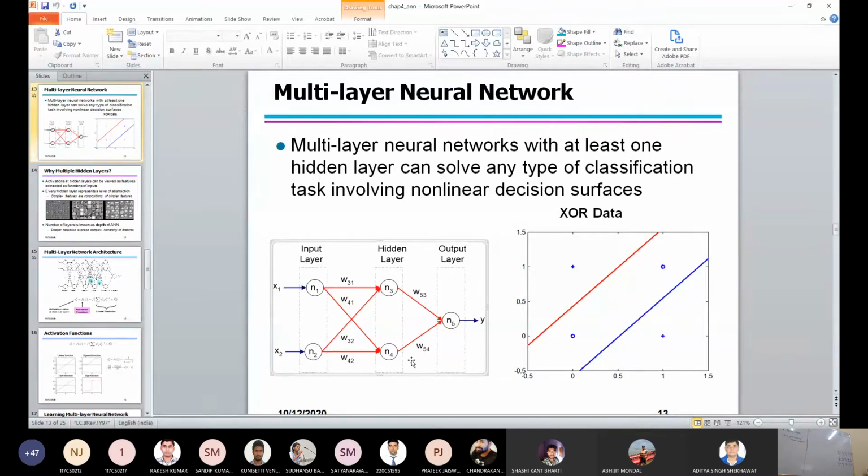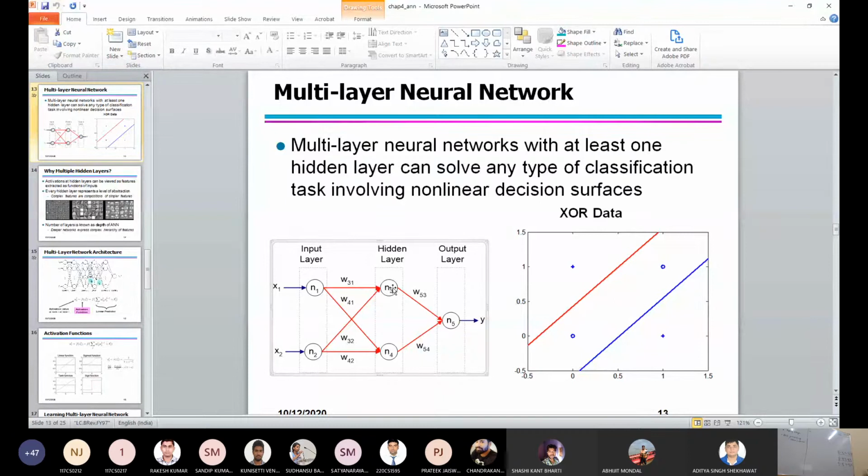Please note that we are not using any activation function that would make it a nonlinear boundary. Why am I emphasizing this notation? Because on the next slide we use it, and on the right side you can see the figure.